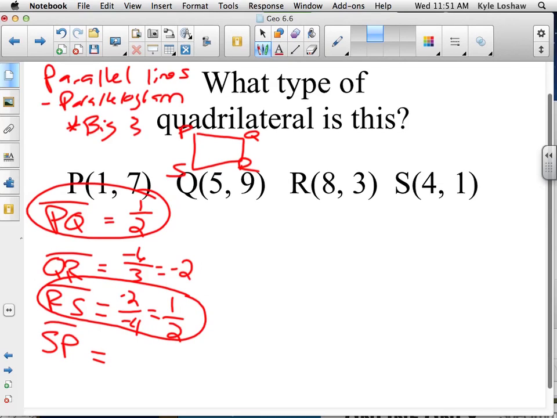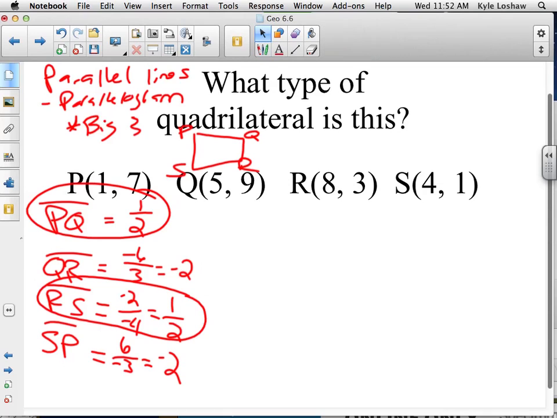Now we got SP. 7 minus 1 is 6. 1 minus 4 is -3. So that gives us a slope of -2.